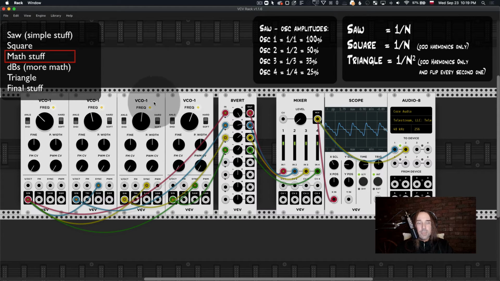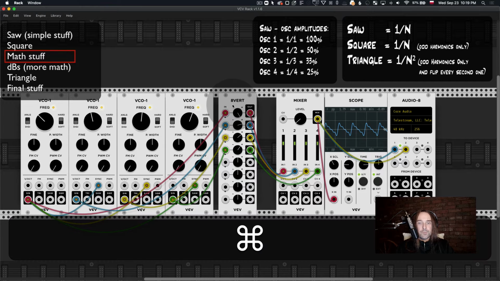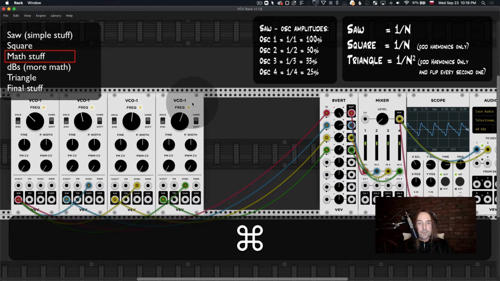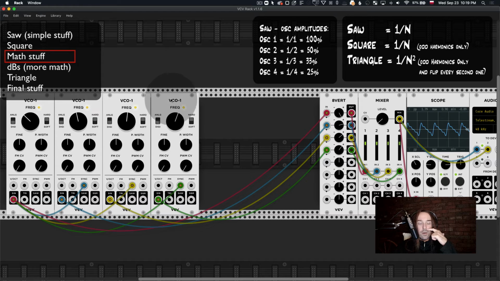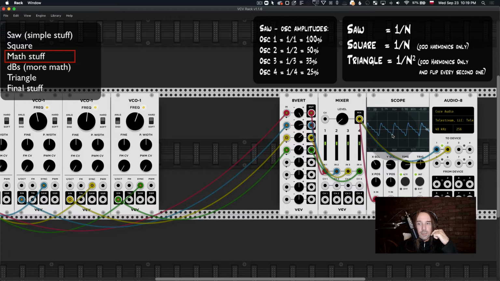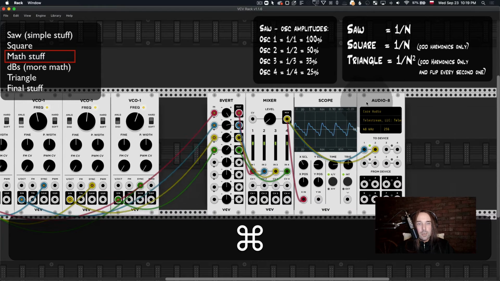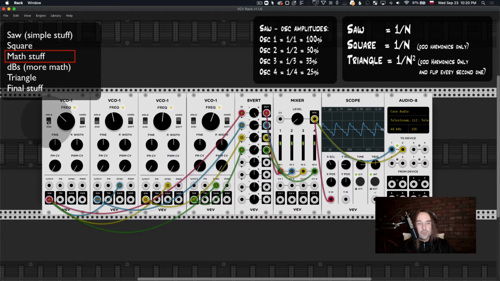But if you trust this formula and go beyond only 4 oscillators, if you go into an 8 oscillator setup and more, you'll see that it gets sharper and sharper, and you can try that on your own if you follow this formula. So remember, 100%, 1 over 2 is 50%, and so forth: 33% and 25%, and then the next one would be 20%, and you can keep going.